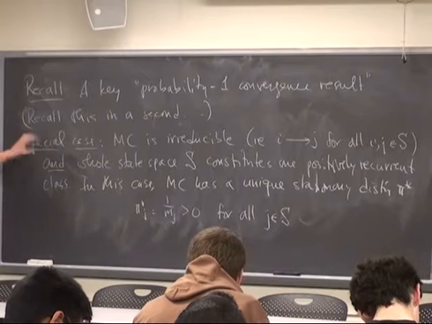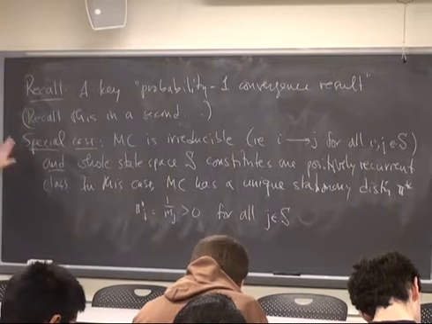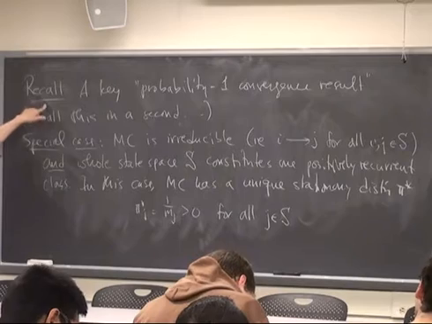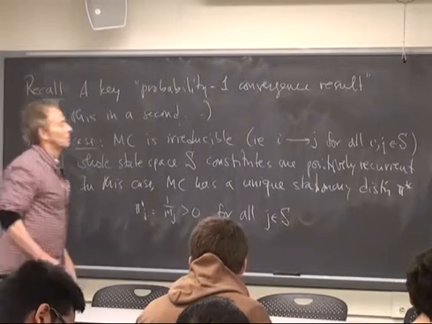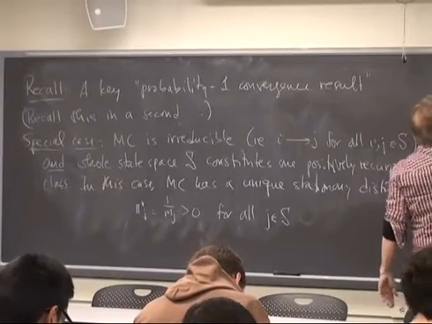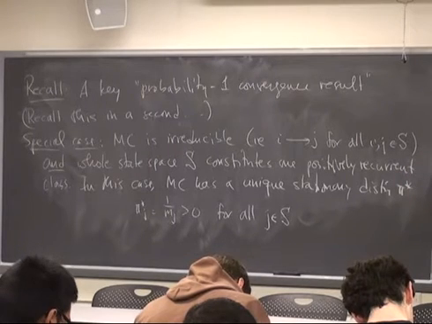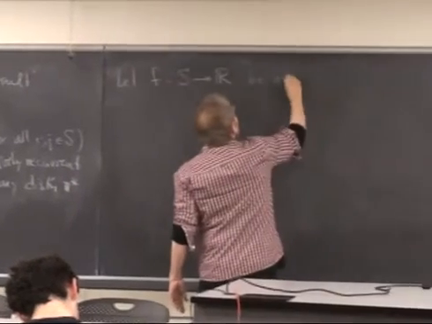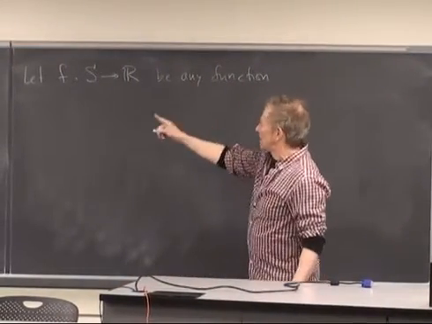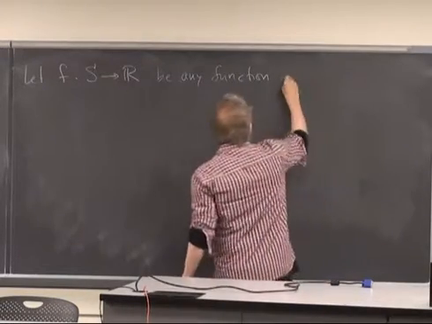Now the question is, how does this probability 1 convergence result specialize to this case? Well, I'm going to give you an even more general version of it, and then I'm going to remind you that the one we talked about last time is actually a special case of this. Okay, so I'm going to let f be any real-valued function defined on the state space S that has a finite expected value against this unique stationary distribution.